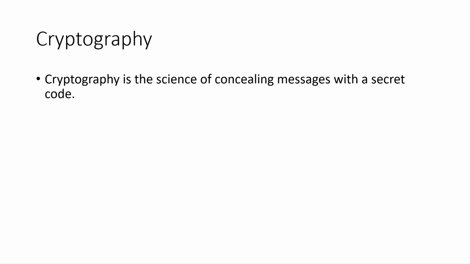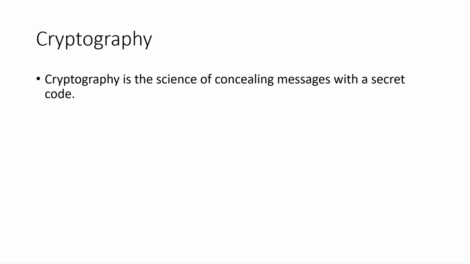Through the use of secret codes, the receiver and the sender are more secure. This follows the principle of securing data or information to maintain its confidentiality, integrity, and authentication.